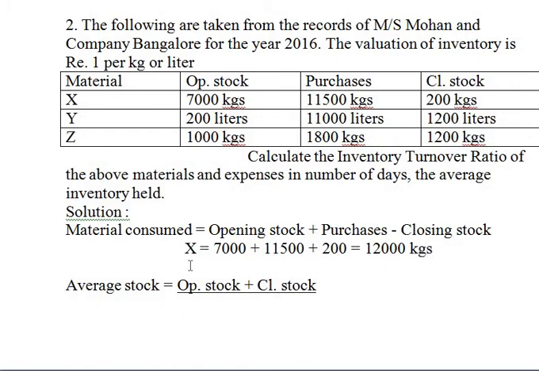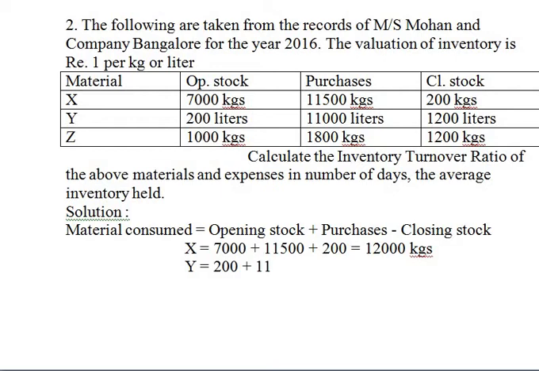Now same thing, calculate for Y. Y is equal to opening 200 liters plus purchases 11,000 liters minus closing 1,200 liters. So that will be equal to 10,000 liters.